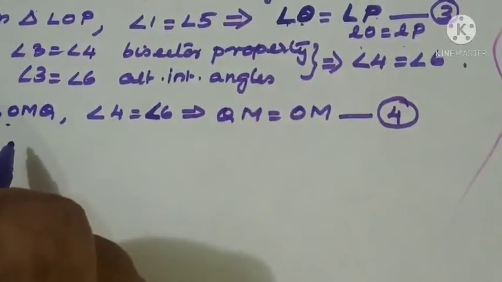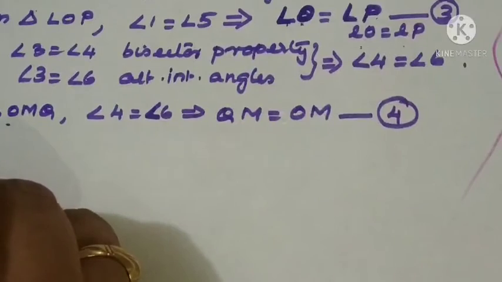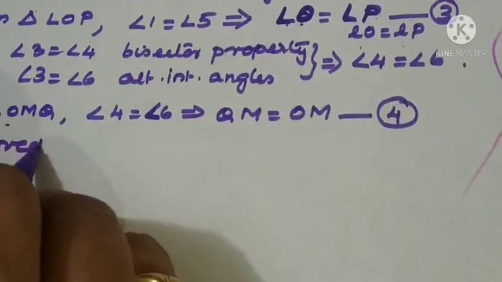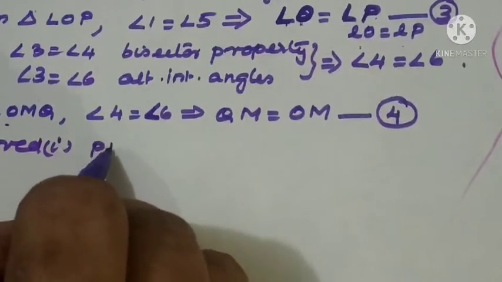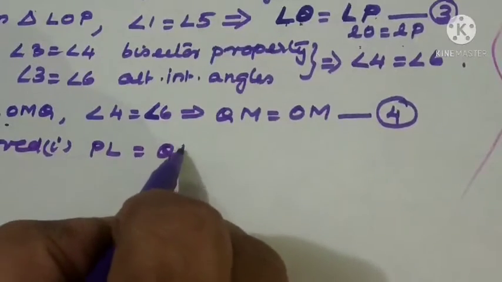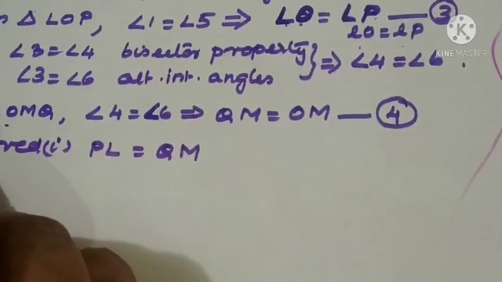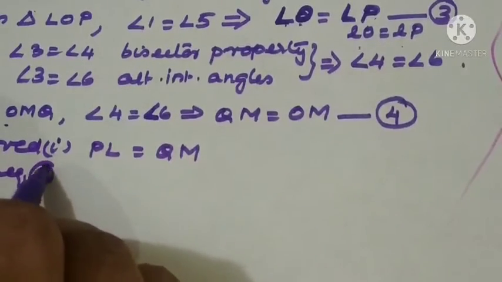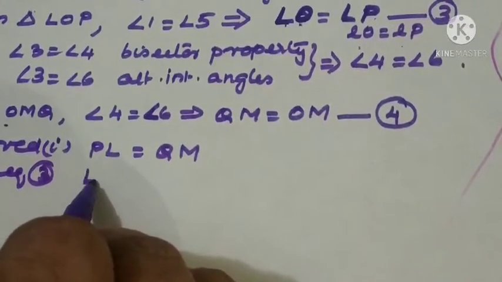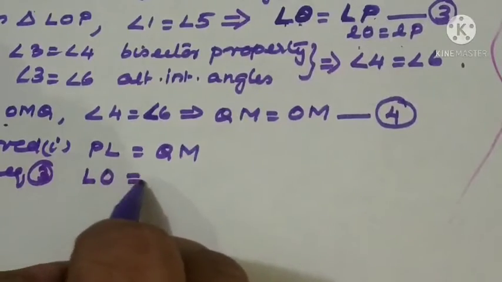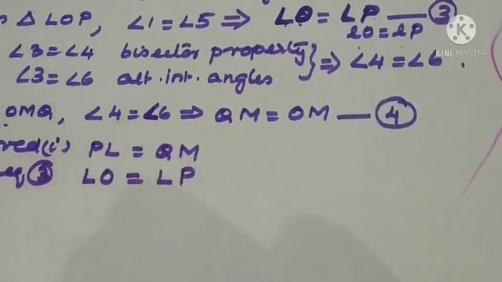Now we already proved in 1 PL equal to QM. See, I'll write the steps once again. Proved 1, that is our first part, PL equal to QM. Right? Now in equation 3, what we have proved? LO equal to LP.